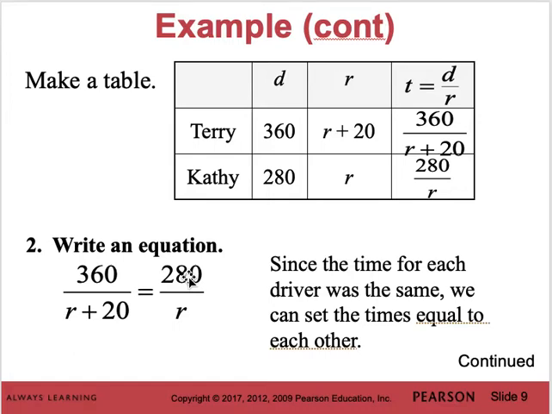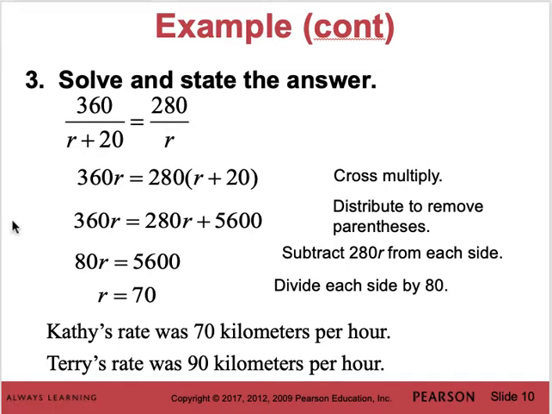Distance of person 1, distance of person 2. Rate of person 1, rate of person 2. Then we can cross multiply and solve. Here we've cross multiplied, simplified, distributed parentheses, divided to solve for our variable R, and we know that Kathy's rate would be 70 kilometers per hour.